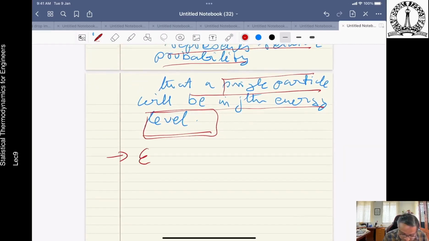And what about this particular exponential term that you see?